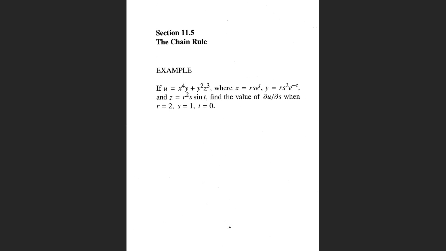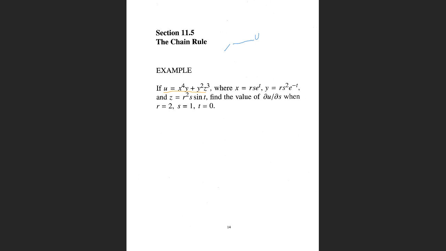Okay, so here U is a function of how many variables? Three variables, that's right. So I'm going to make a flow chart here.